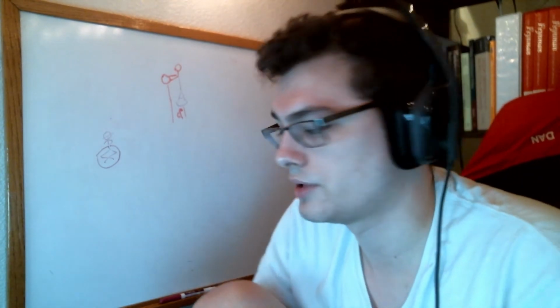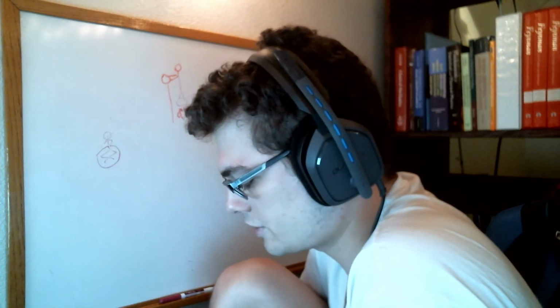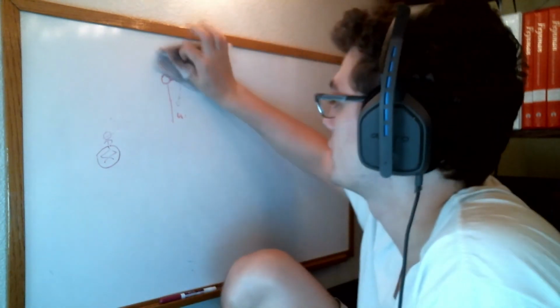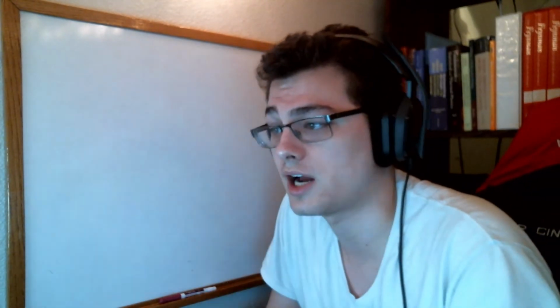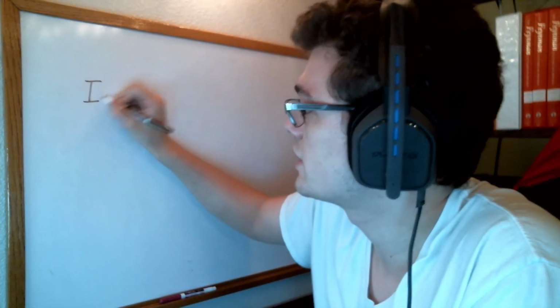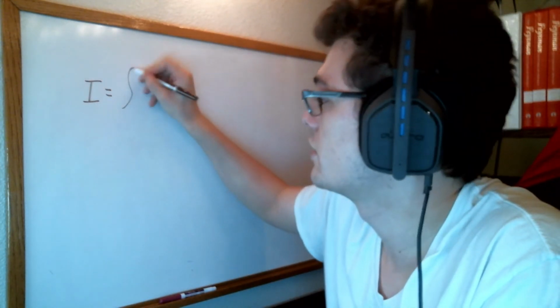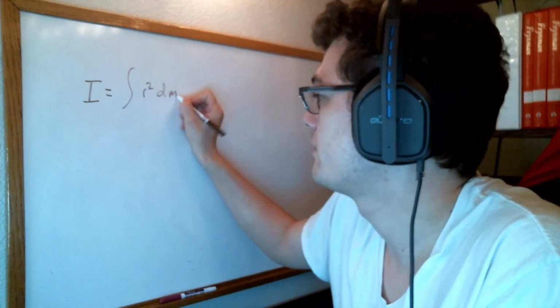Okay, so next up, we can use this parallel axis theorem with small mass elements, right? Not small mass elements, but distinct mass elements. There are going to be certain calculations where you have continuous elements, such as a solid object. So for solid objects like this, we can say that I is going to be the integral of r squared dm.